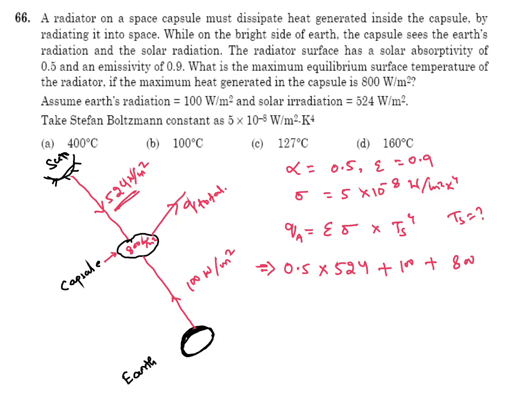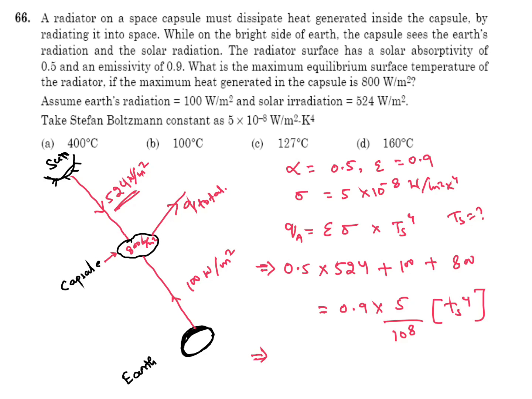It's equal to emissivity 0.9 into sigma 5 into 10 to the power minus 8, into Ts to the power 4. Then you solve this one, you will get your answer.